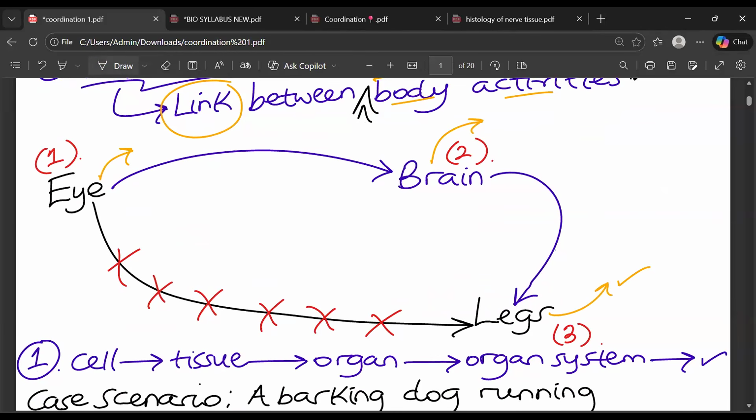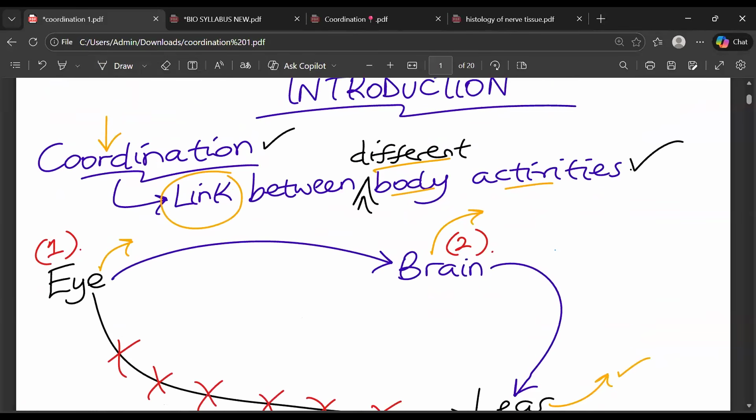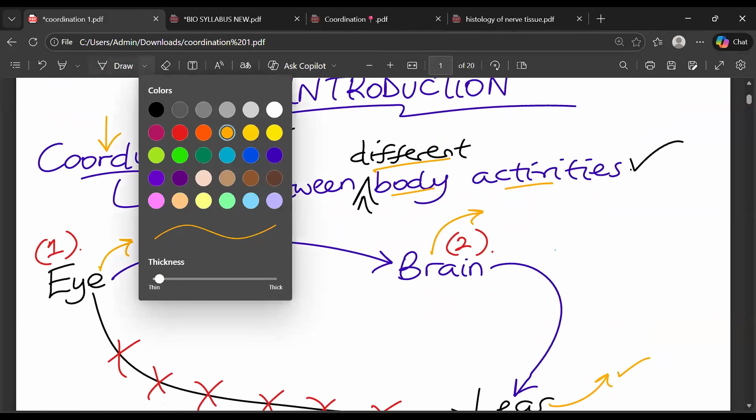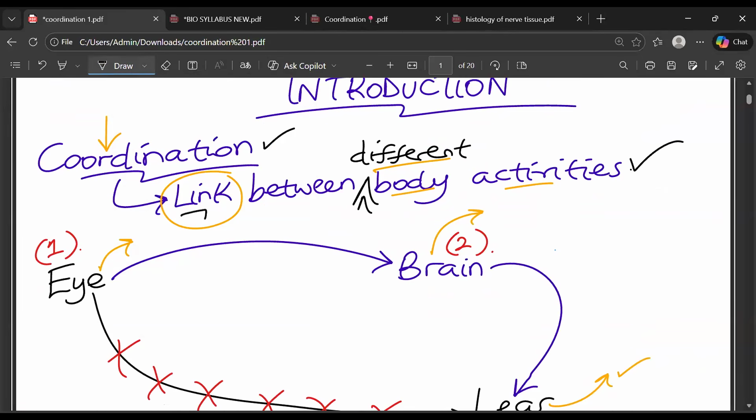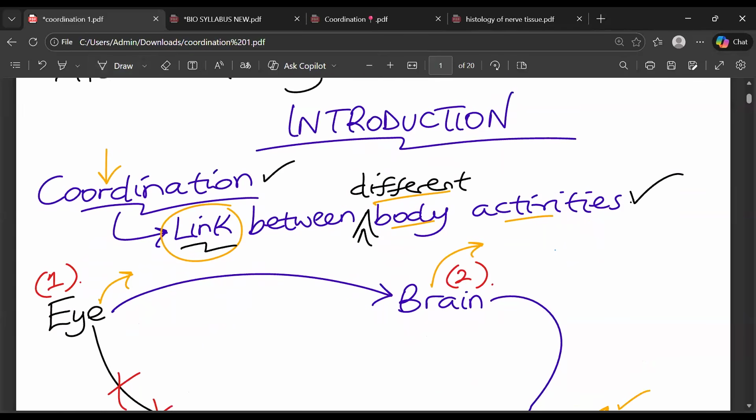So that means we are having different organs included in all this. And you know, organs come up with a system. So maybe the things responsible for the link are organs, and organs need or come up with a system. So for this coordination to be successful, a system is needed.